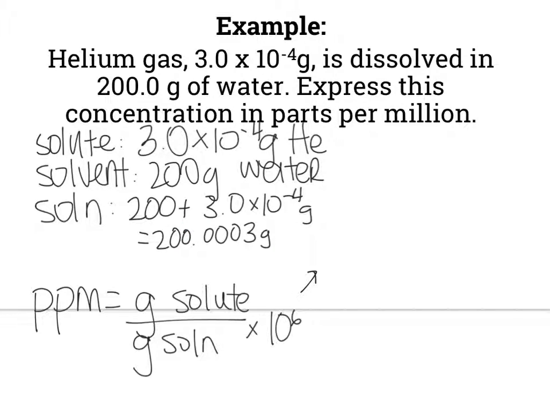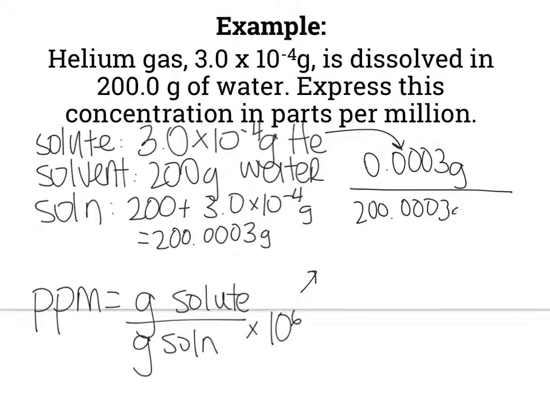So you get, I'm going to leave that as 0.0003 grams, a little bit easier to write. Again, that's that number, over 200.0003 grams, times a million, you will get 1.5 ppm.